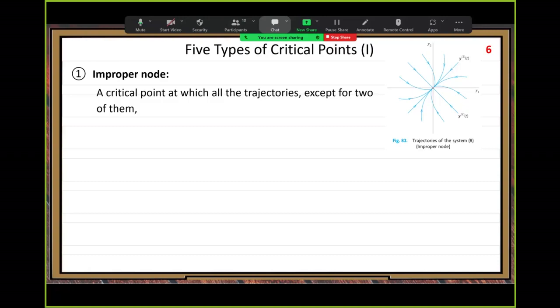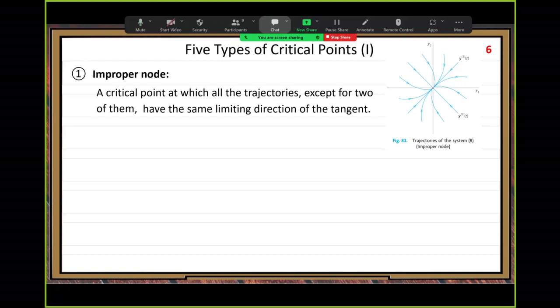An improper node is a critical point at which all trajectories, except for 2 straight lines, have the same limiting direction of tangent.